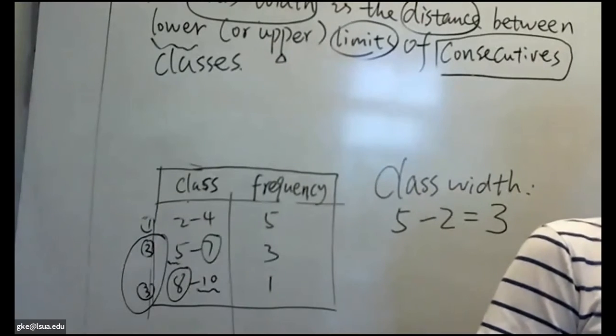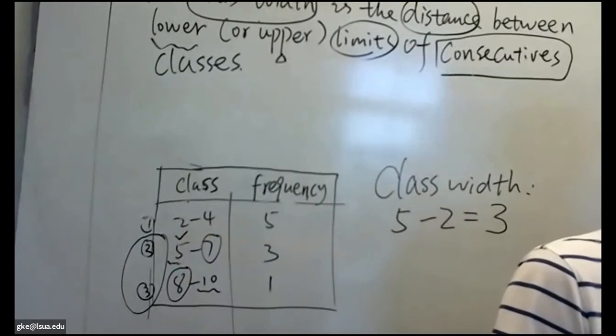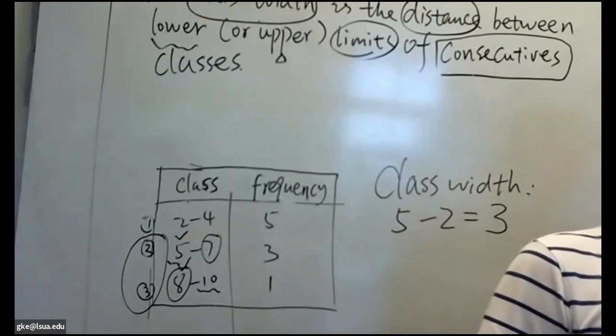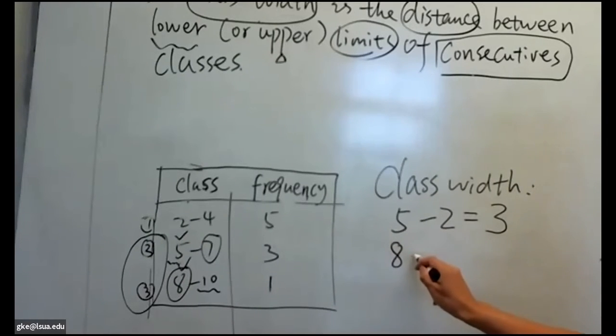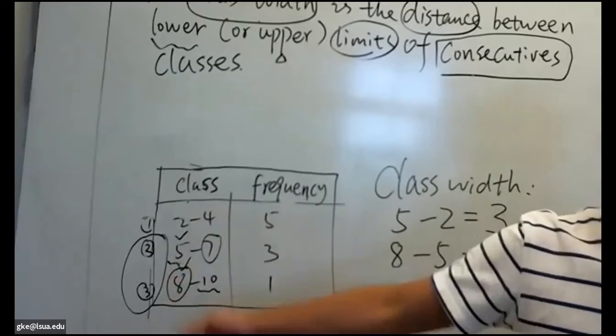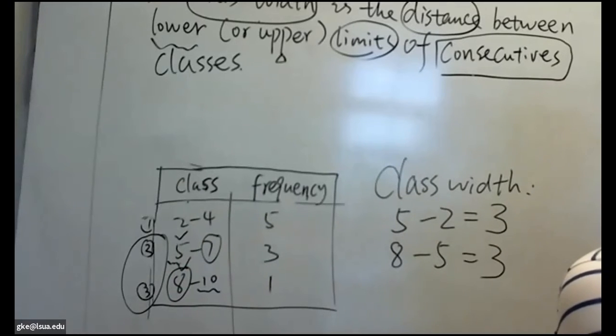The lower limit for class 2 is 5, and for class 3 is 8. So the distance is 8 subtract 5 equals 3. We're going to get the same class width. So whatever you pick, class 1, class 2, or class 2, class 3, as long as they are consecutive classes, you always get the same class width.